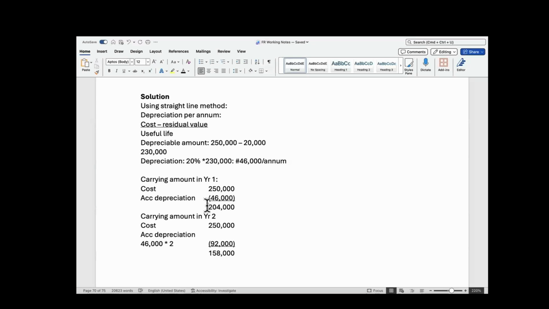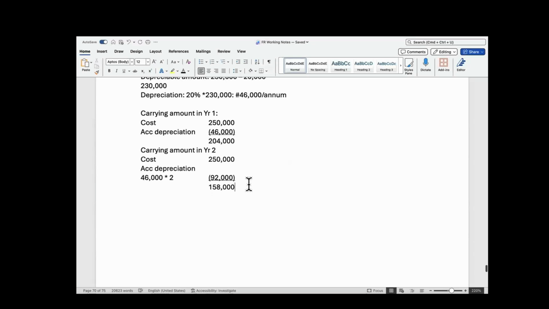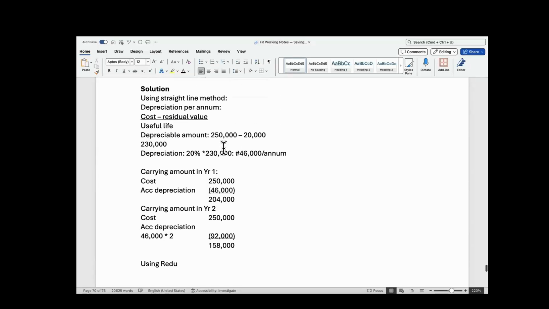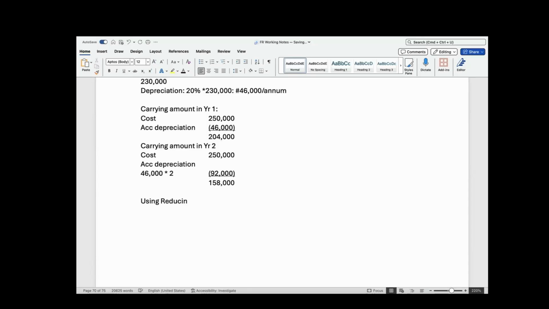So now, if you are using reducing balance, and I'm just stopping here because I'm just using this to teach you principles. If you are using the reducing balance method, the depreciation per annum, like I've mentioned to you earlier on, is just the depreciation rate multiplied by carrying amount.